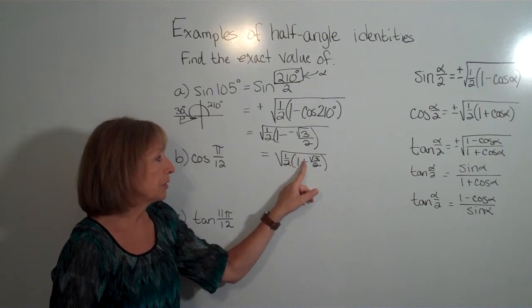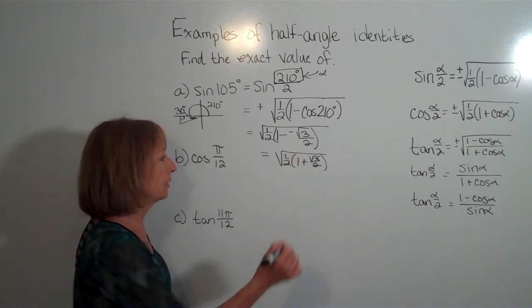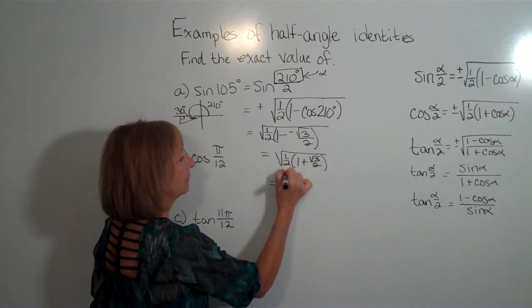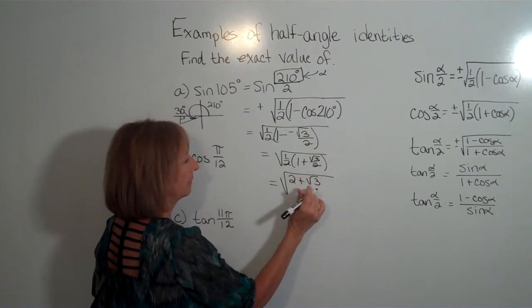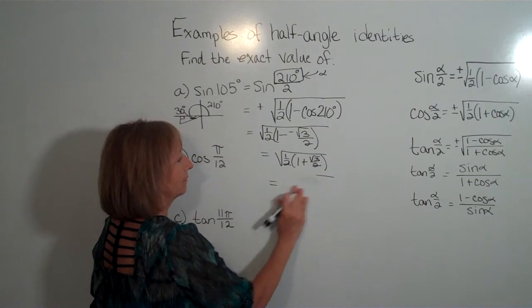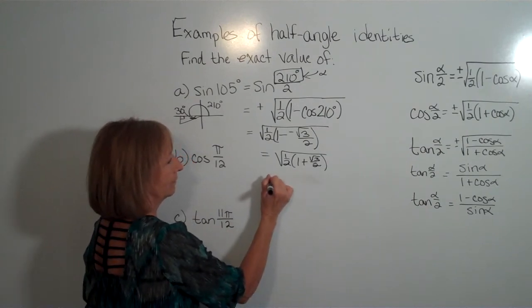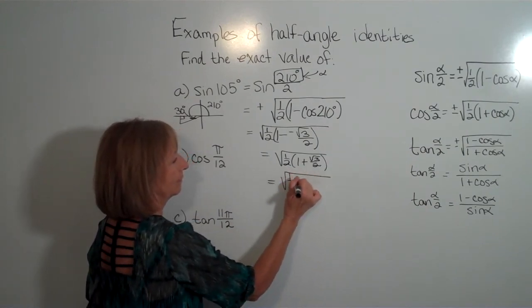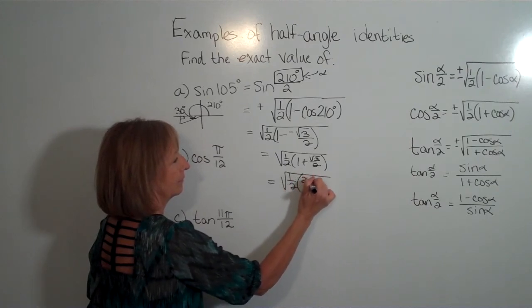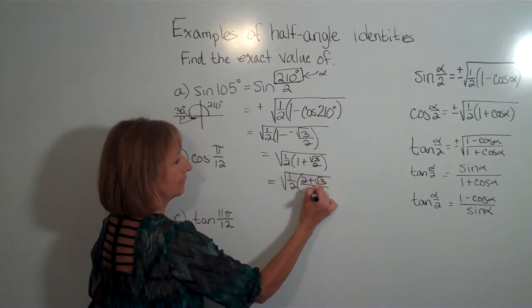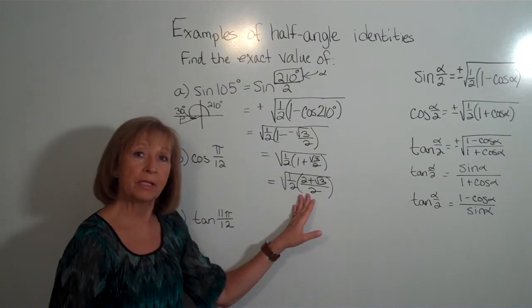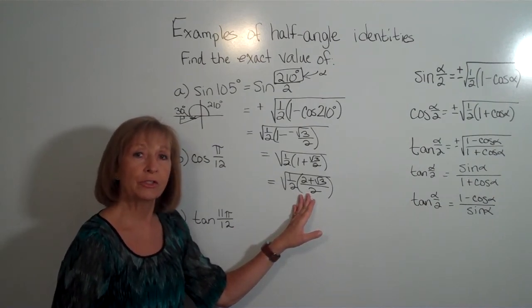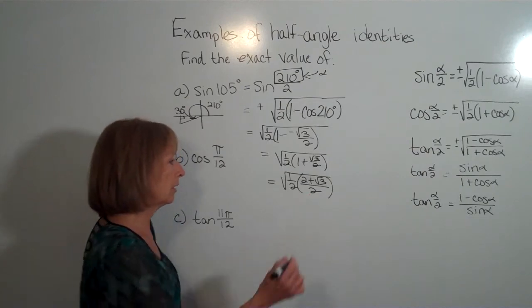So that would be 2 plus the square root of 3 all over 2. And then 1/2 times 2 plus the square root of 3 all over 2 is 2 plus the square root of 3 all over 4.